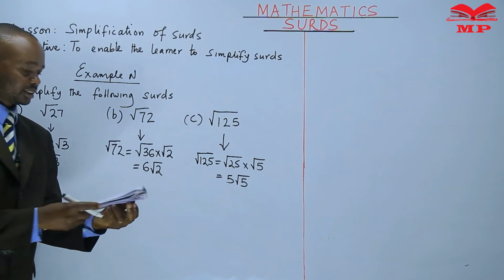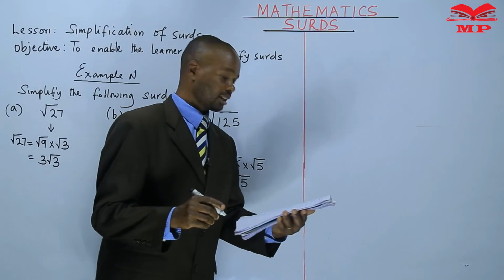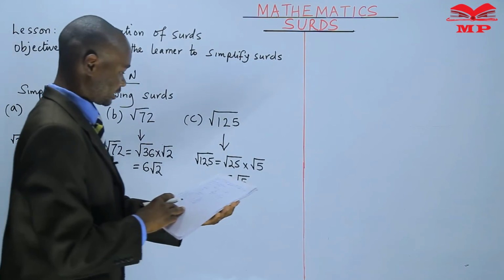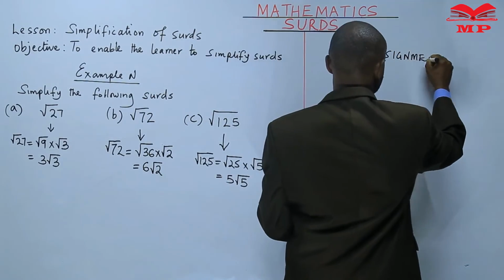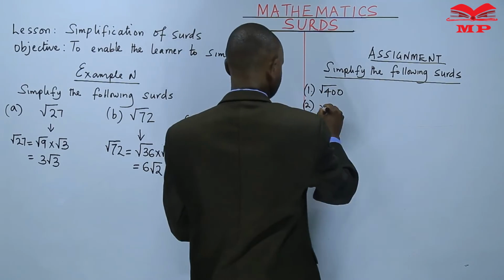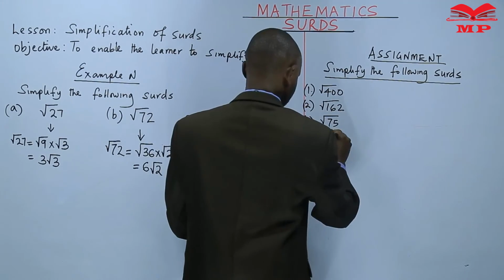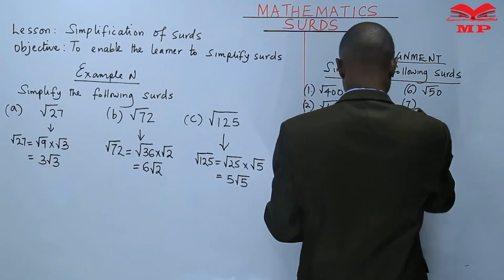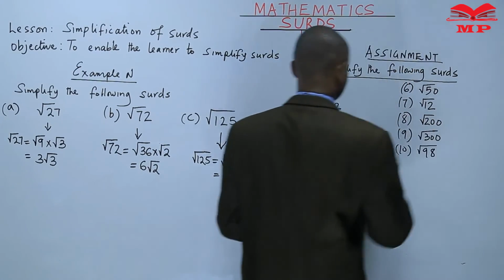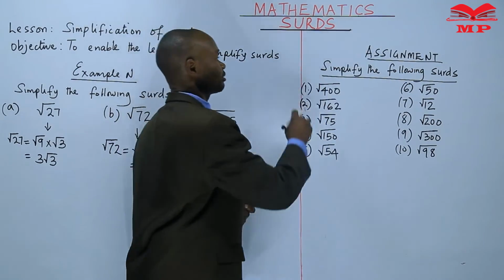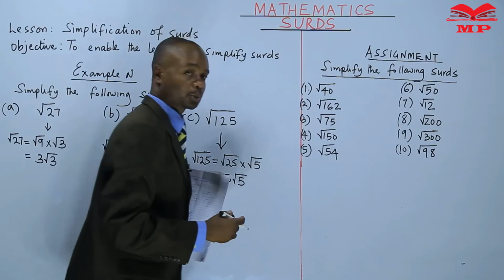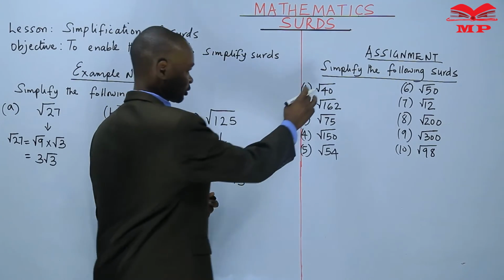So with that, learner, it will be a good time for you to go and work out this assignment to perfect what we've just done. So learner, that is the assignment. Simplify the following surds. Number 1, square root of 40.